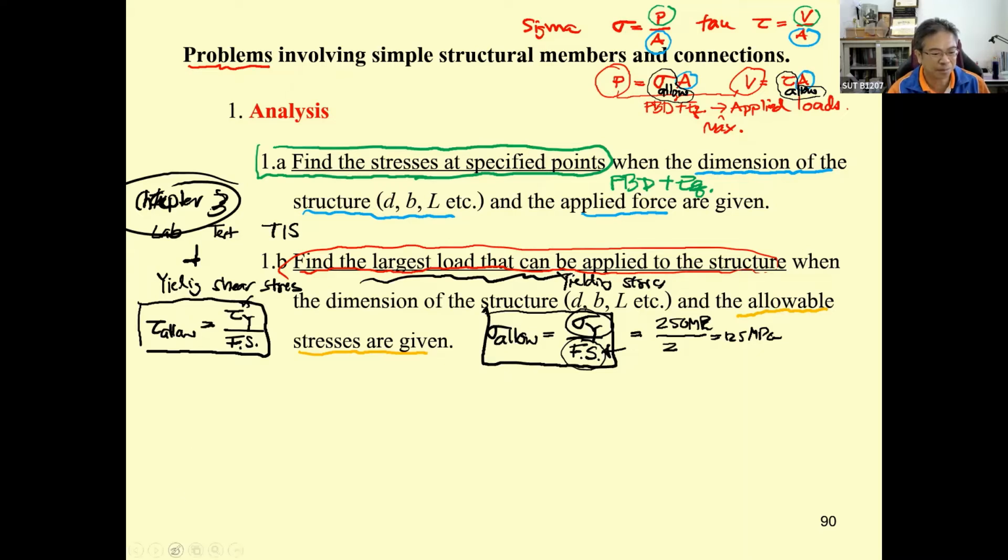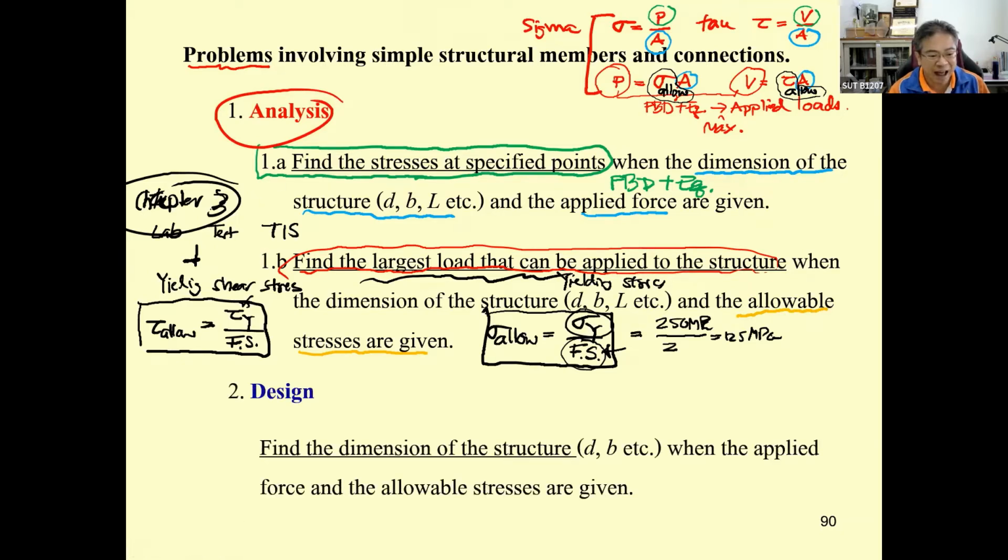The first way of using this equation is called analysis. The last way we call design. In the design, we just rearrange the equation again. In the design, it means we are looking for the size, the dimension of the structure or the dimension of the connection.